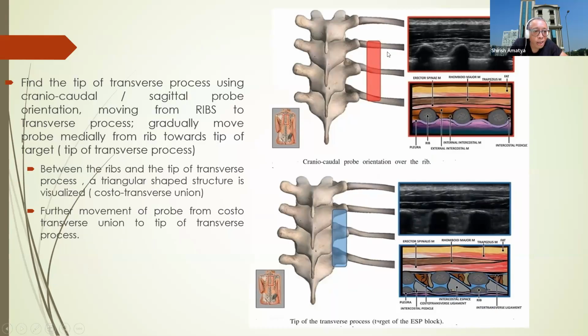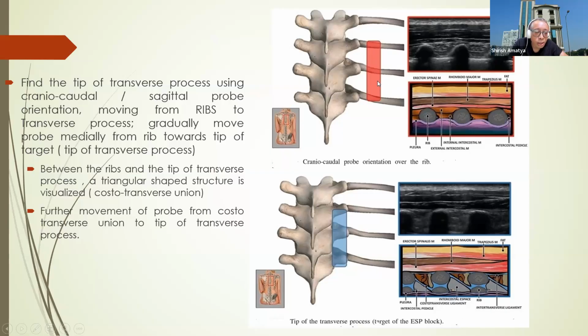Here in the upper part, we can put the probe in the sagittal view and see the rib. You can see the rib is a rounded structure, and you can see the hyperechoic pleura in between the ribs. Once we get this picture, you can gradually slide the probe more to the medial side, and gradually the orientation of this hyperechoic rib will change into a more square-shaped structure.